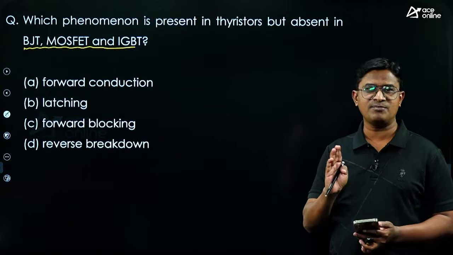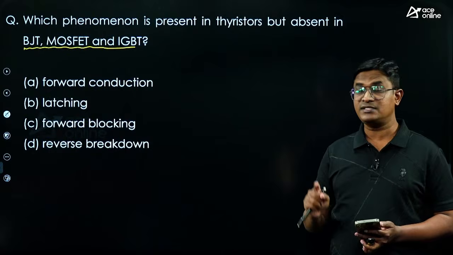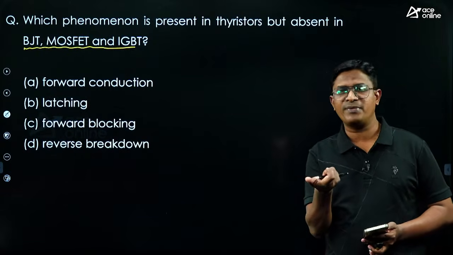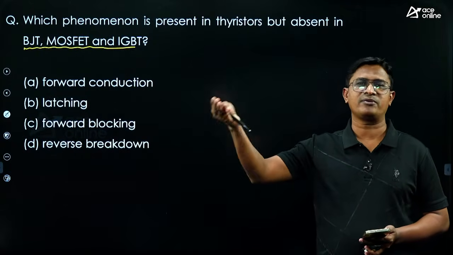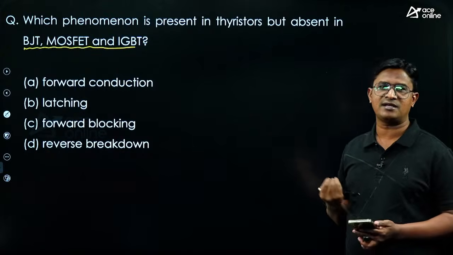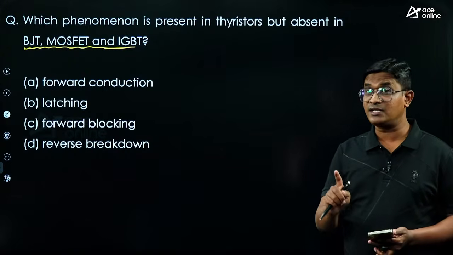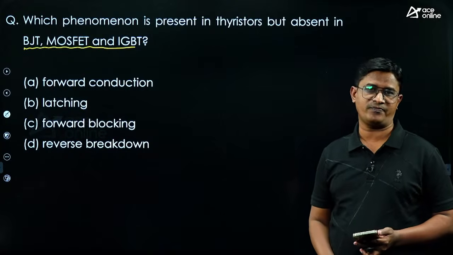Check your BJT, MOSFET or IGBT, these are fully controlled devices. For BJT, if I circulate the base current, my BJT will turn on. But if I remove the base current, my BJT will come back to the off state. So BJT is not latching into on state, right?